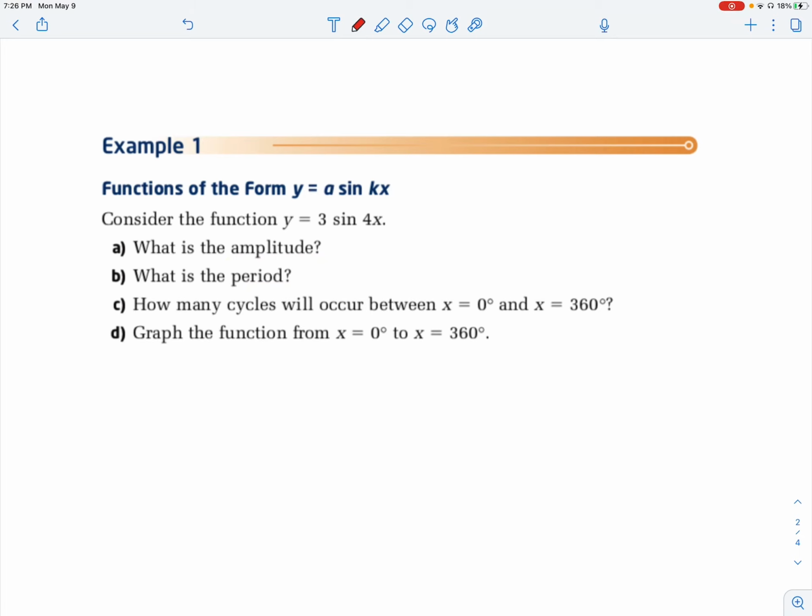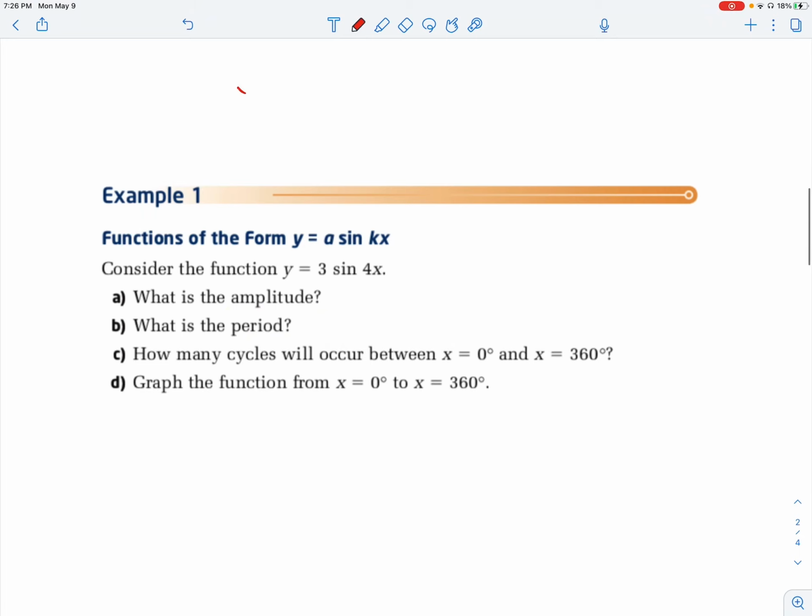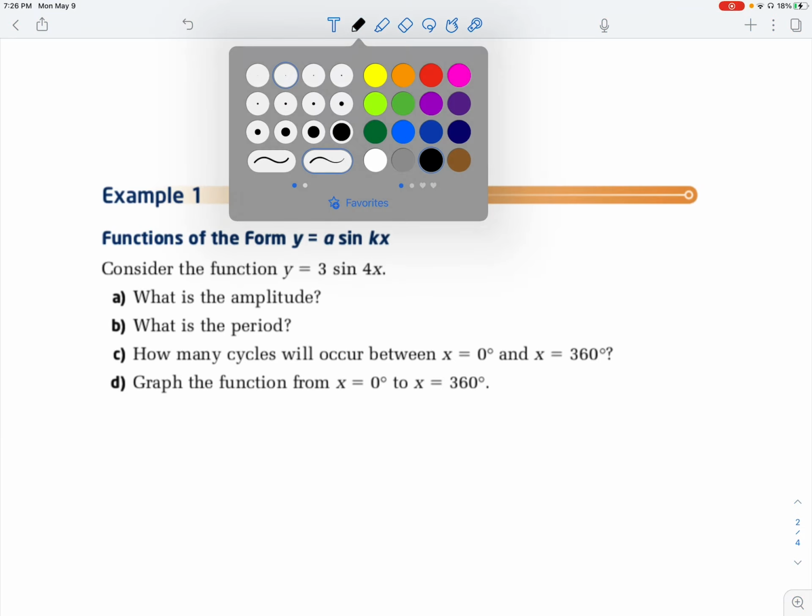Okay, I'm just going to give us a general formula that is actually going to help us with all these examples that we're going to do. And I'm going to kind of color code things a bit too.